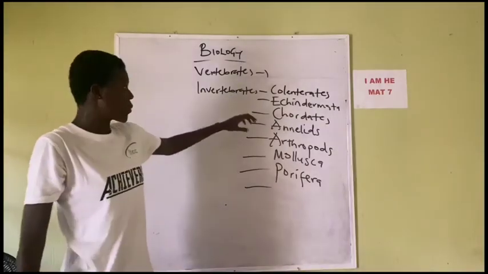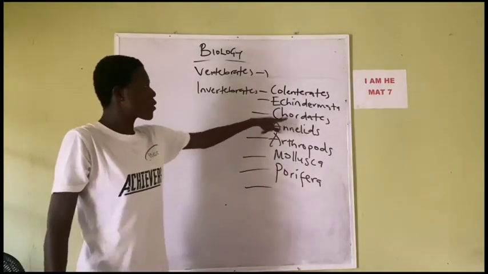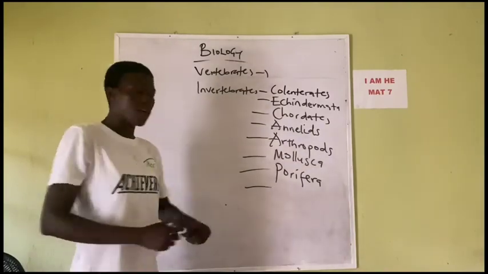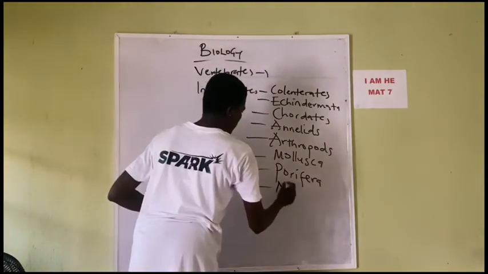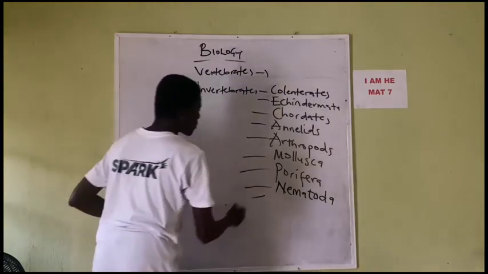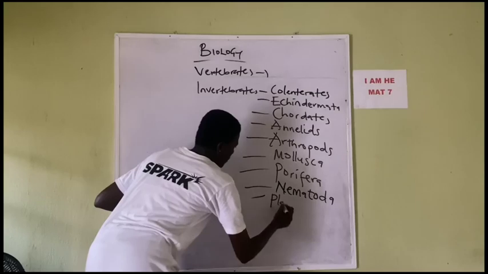For the invertebrates, we have the echinoderms, the chordates, the annelids, the arthropods, the mollusca, the porifera, the nematoda, and also we have the Plantae.